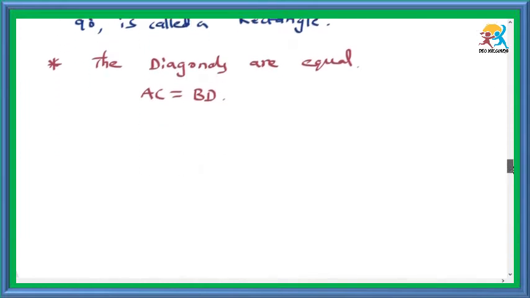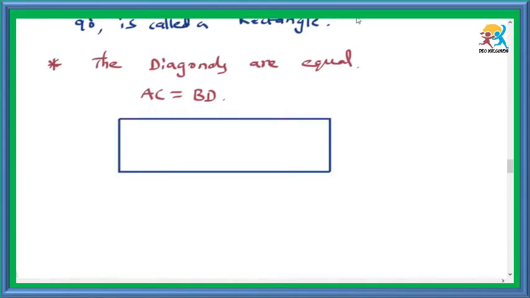Let us draw the rectangle again. We draw the two diagonals. We will name them ABCD.